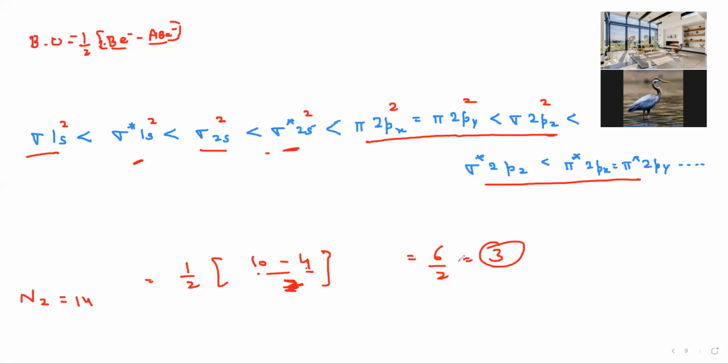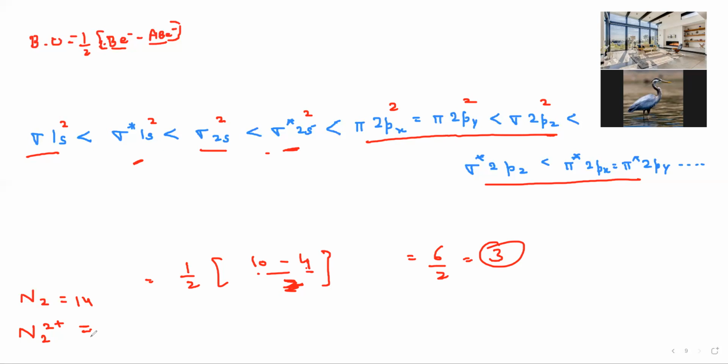So this is N2. Suppose I have said to you N2 2 plus. Do you know what is the meaning of N2 2 plus? It means it has lost 2 electrons. So now N2 2 plus has how many electrons in total? 12.